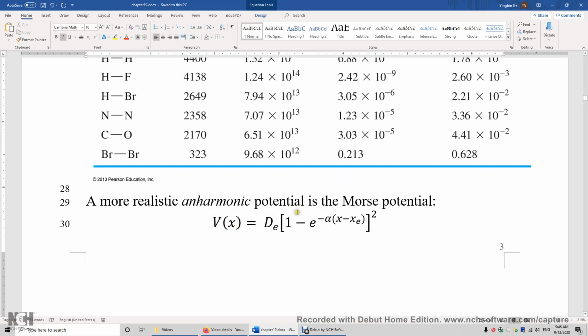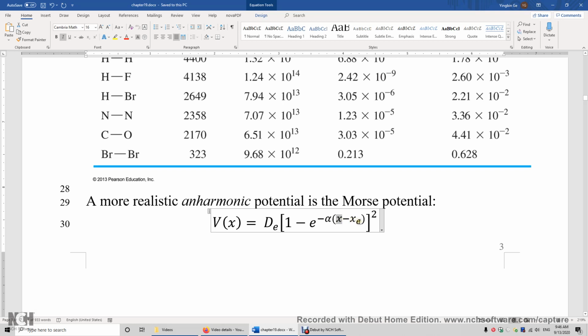So the equation is here. This is the potential energy. D e is a constant. And then it's 1 minus an exponential function, and then we square this. In this case, unfortunately, we use this x not as the displacement. So this x in here is the bond distance.